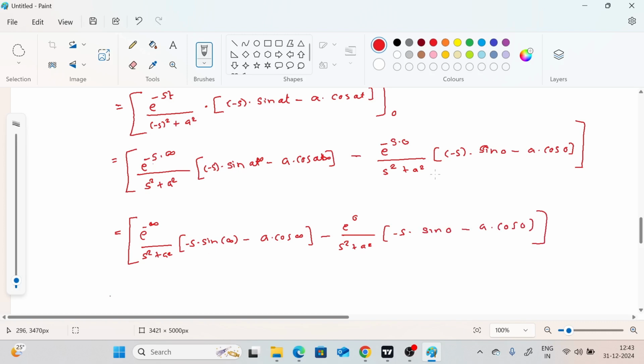Now e raised to minus infinity is 0, but sin infinity and cos infinity are indefinite.